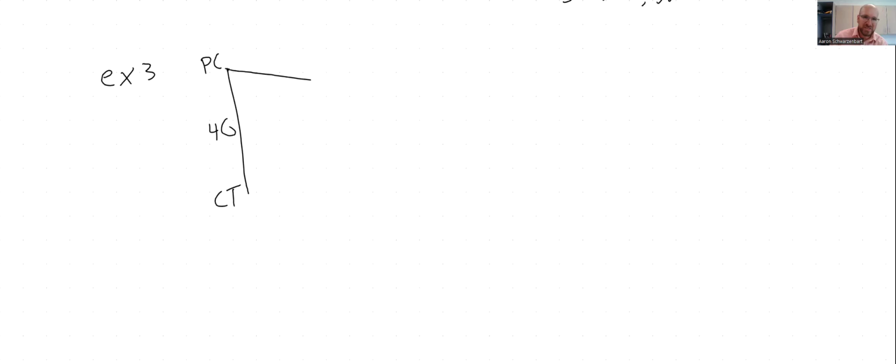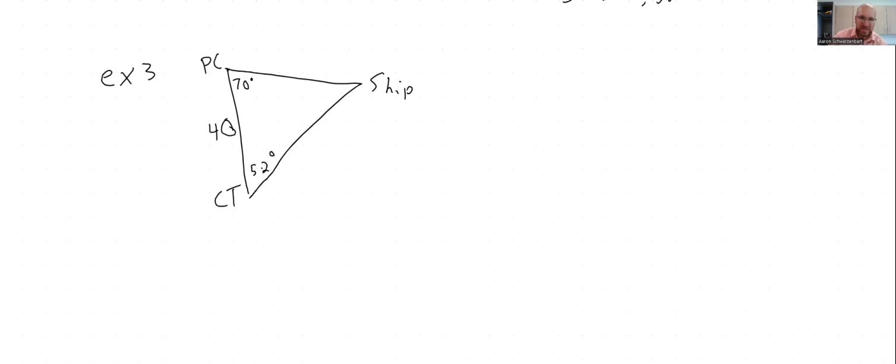Out here you have the ship. It says 70 degrees to Covetown and 52 degrees to Port City. So this is an example where I can find this third angle because they all add to 180.